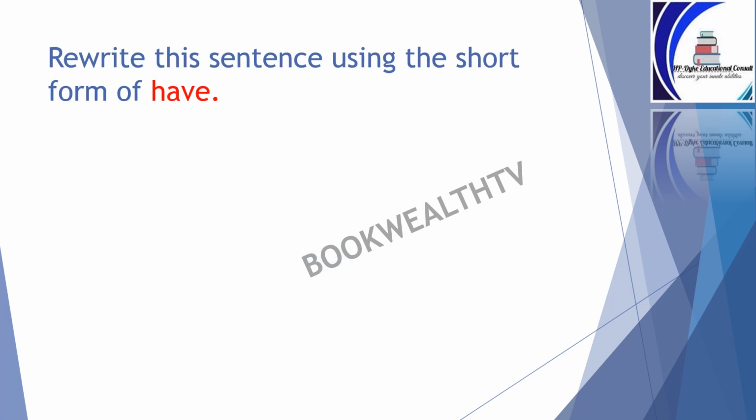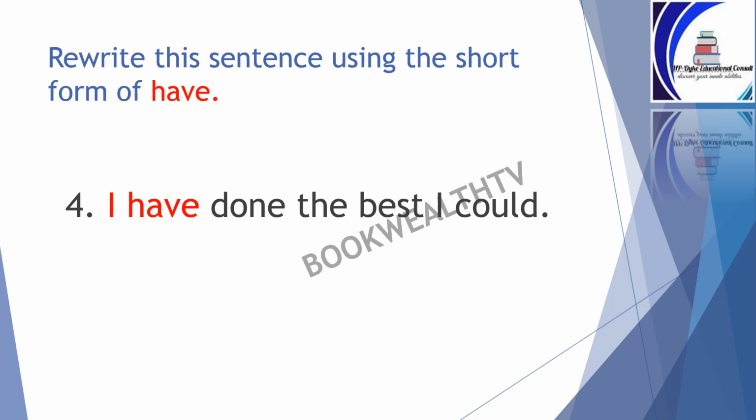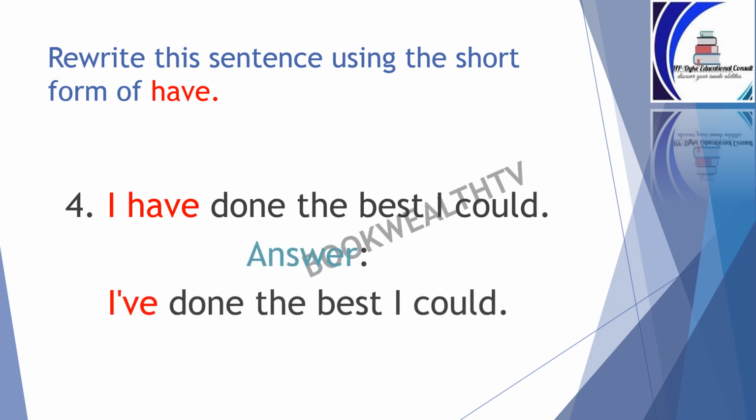Activity 4. This time, you're going to rewrite the sentences using the short form of have, has, and had. I have done the best I could. You have it as I've done the best I could.